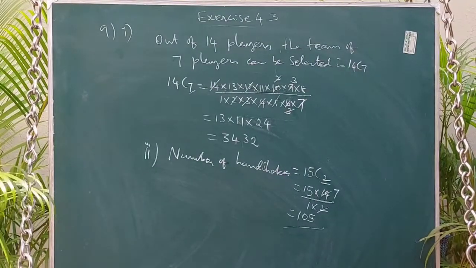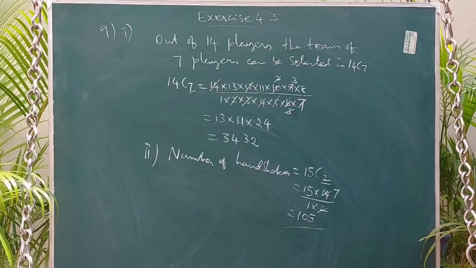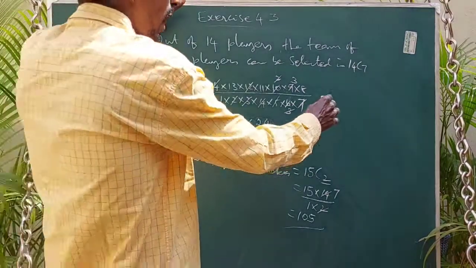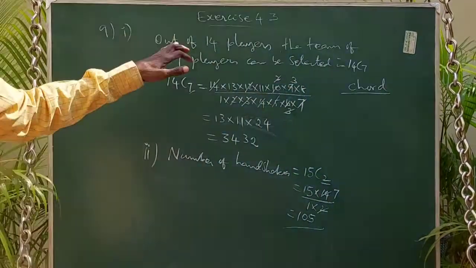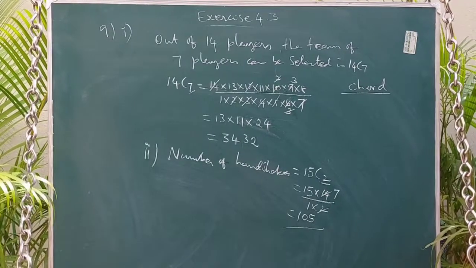Question number 3. How many chords can be drawn through 20 points in a circle? Listen, my dear student. We need to know the definition of chord. Chord means the line joining any 2 points on the circle.